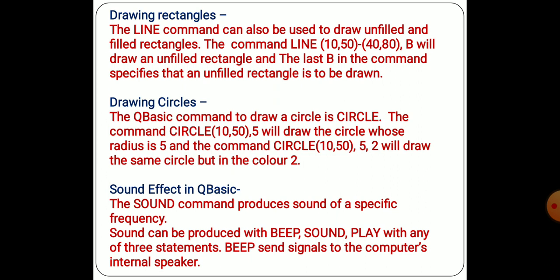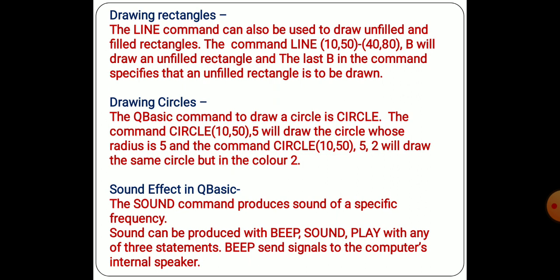Drawing circles. The QBasic command to draw a circle is CIRCLE. The command CIRCLE 10, 50, 5 will draw the circle whose radius is 5, and the command CIRCLE 10, 50, 5, 2 will draw the same circle but in the color 2.